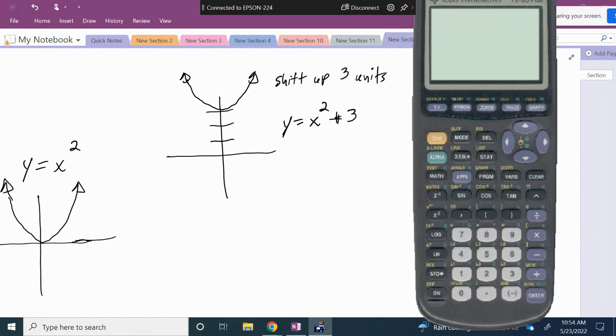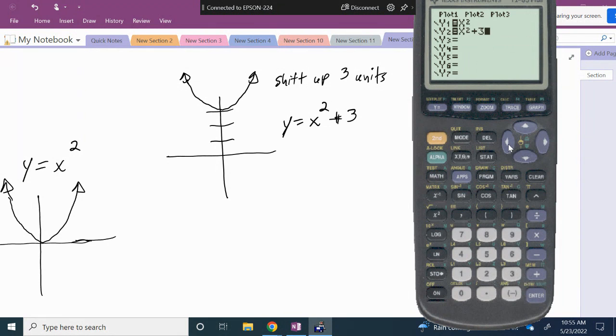So I'm going to verify that with the calculator. I'm going to go to y equals and clear out the functions that I have. For y sub 1, I'm going to put in x squared, and I'm going to graph. Notice that's the basic graph. I'm going to go back to y equals, and for y sub 2, I'm going to put in x squared plus 3.